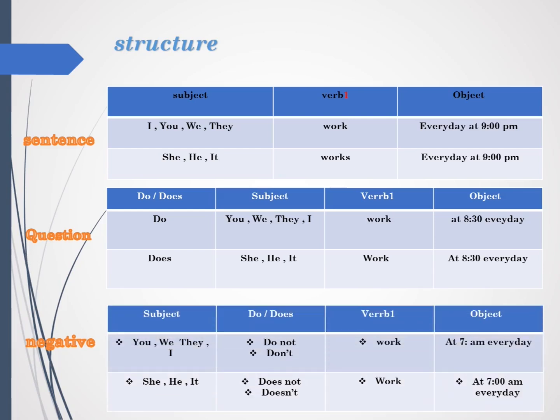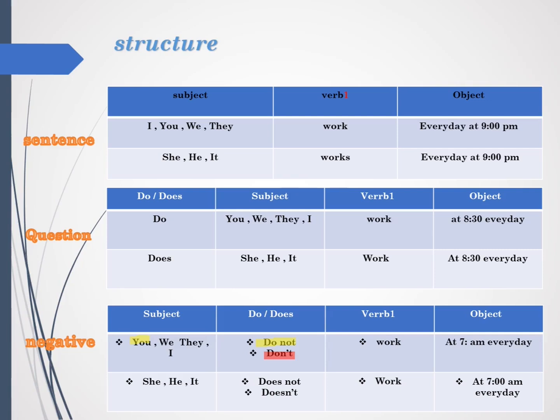And in the negative we have a subject, do or does, with not, and verb 1 and an object. For example, you don't. And this is the contraction of do not. You don't work at 7 a.m. every day.